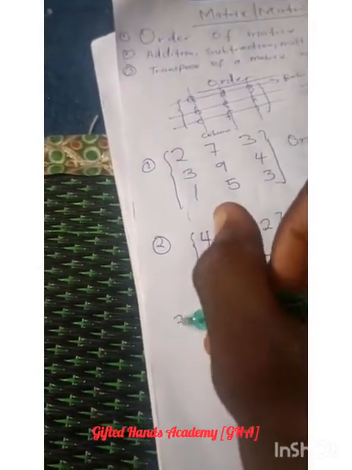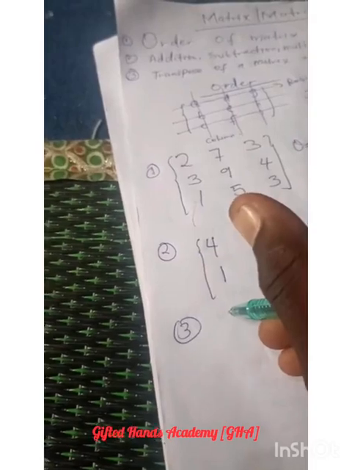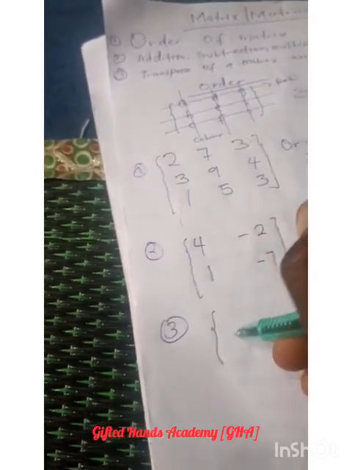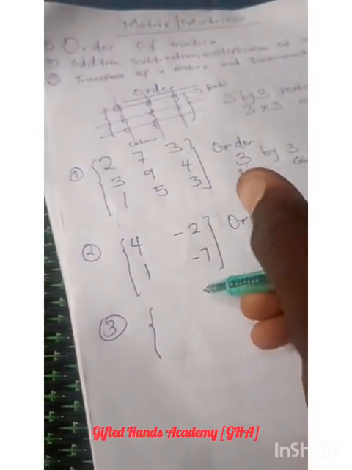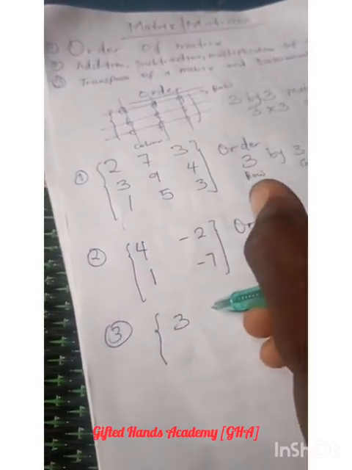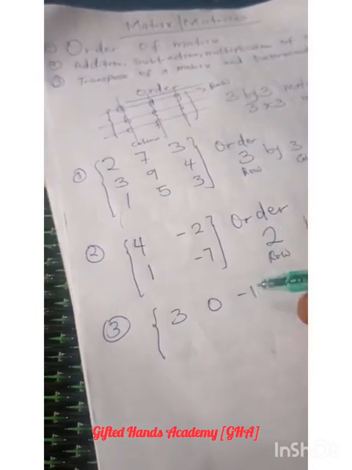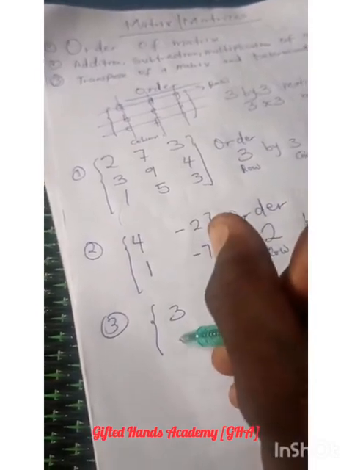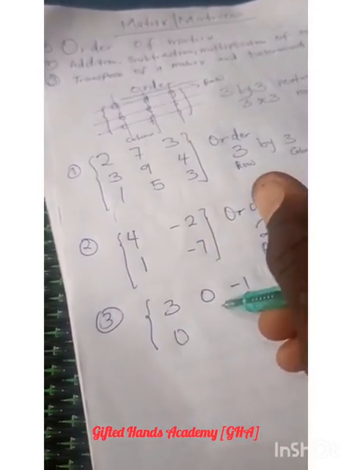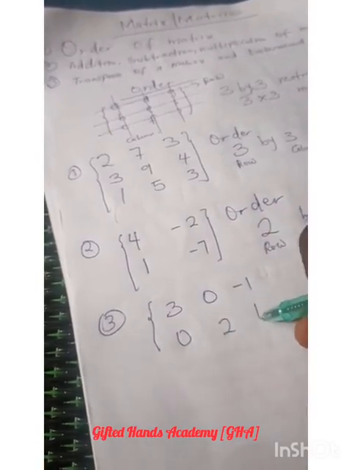So this is row, then this is column. Don't forget. Then let's give the order of another matrix. Then we'll continue because we have a lot to cover under this matrix. I have 3, 0, minus 1. I have 0, 2, 1.